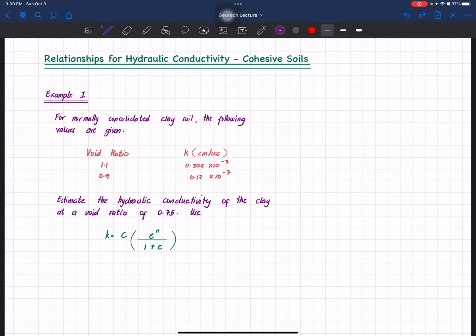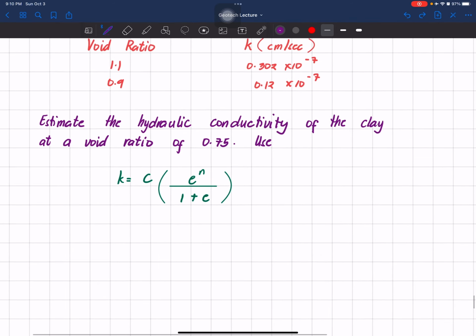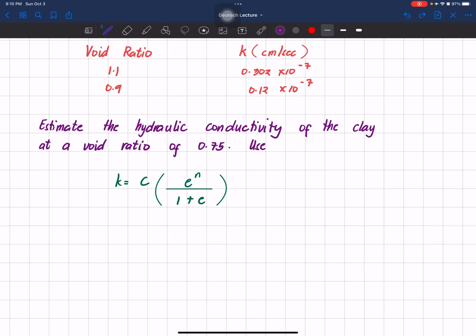So, similar to what we did previously on the problem number 1 in the hydraulic conductivity of granular soil, pwede tayong mag-ratio and proportion in order for us to determine yung mga constants. Okay? Now, gawin natin to. So, try natin to. Gawin natin yung parang ginawa natin sa example 1 dun sa granular soil.